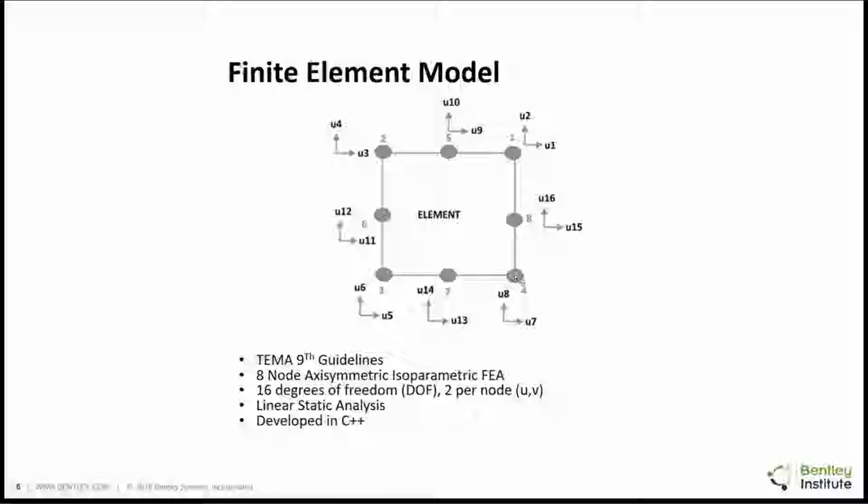And then 1, 2, 3, 4 are the corner nodes, and the mid nodes are 5, 6, 7, 8. And this is a linear static analysis, and basically this is a higher order element. So it has 8 nodes. So it will give very accurate calculation of stresses, and you can basically get very high accuracy even with a smaller number of elements as compared to, let's say, a 4-noded element.